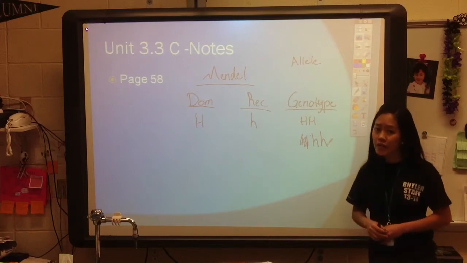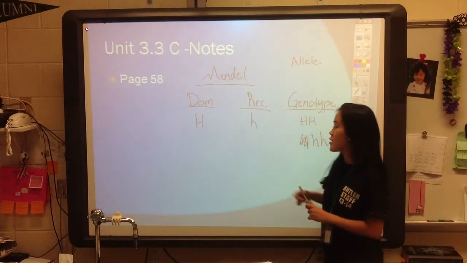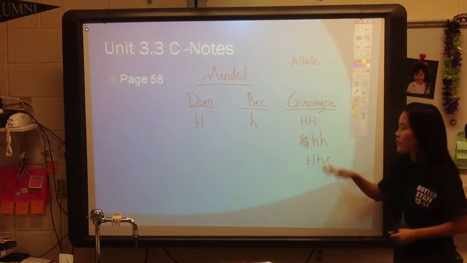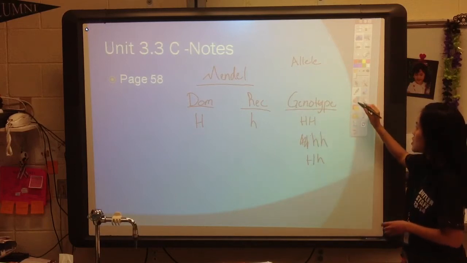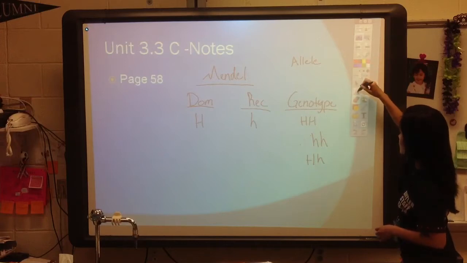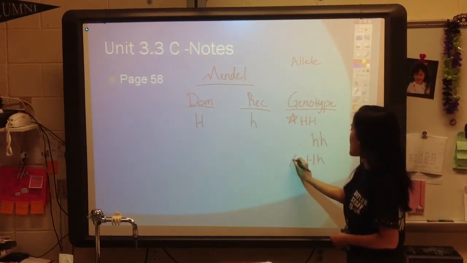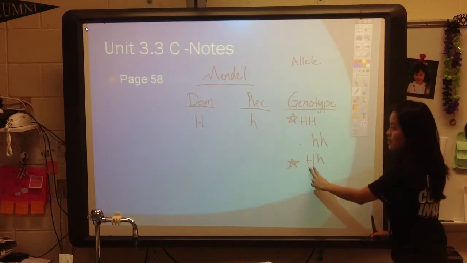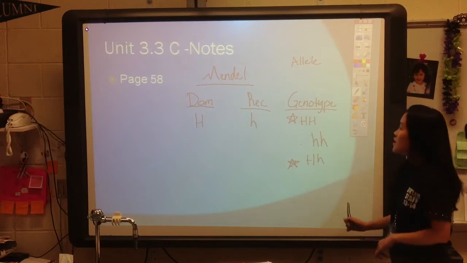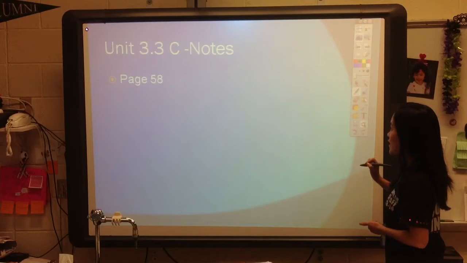And if I was heterozygous, my zygote had two different alleles, then I would be big H, little h. If I'm looking at all three of these genotypes, which genotype would give me hitchhiker's thumb? It would be my homozygous dominant and my heterozygous, because the dominant masks the recessive allele. Okay? So let's just keep that in mind while we move into our new types of genetics.